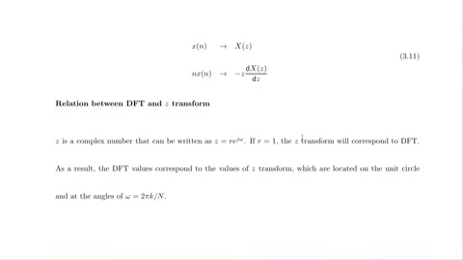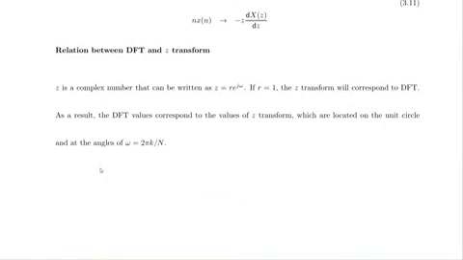So we will find the relation between z transform and DFT. As a result, the DFT values correspond to the values of the z transform, which are located on the unit circle and at angles equally distanced, omega being equal to 2 pi k over N. That's it. Very simple.